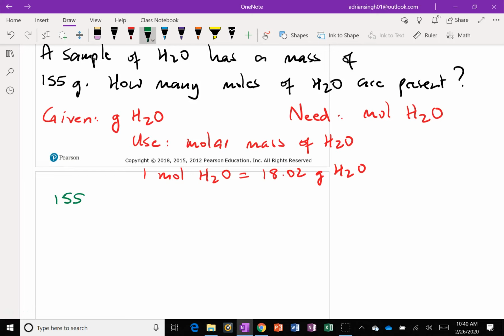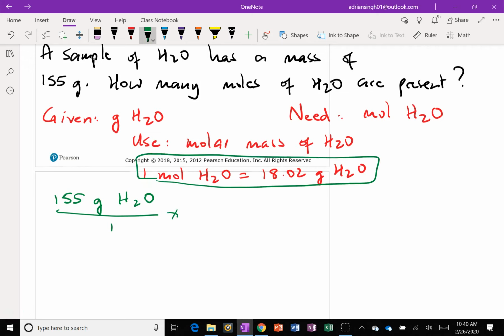So we start with what's given, 155 grams of water. We put it over 1, and then we take our equality and we stick it in as our conversion factor with our units driving us, right? That's going to guide us in terms of what goes on top, what goes underneath. If I want to end up with moles, then moles has to go on top.